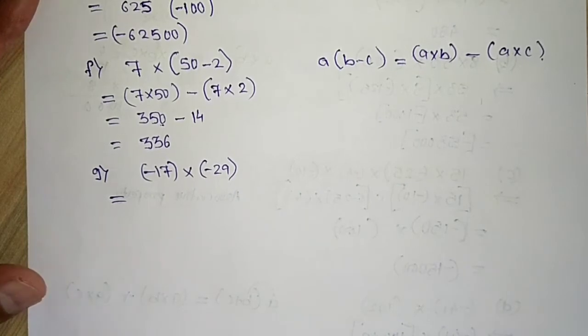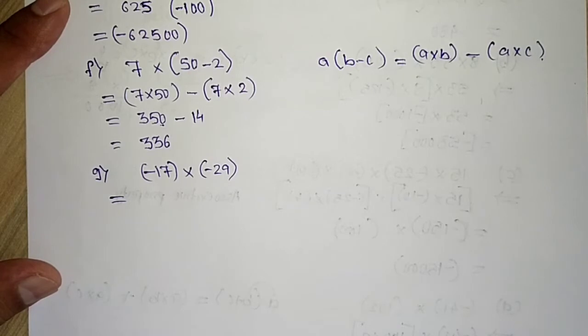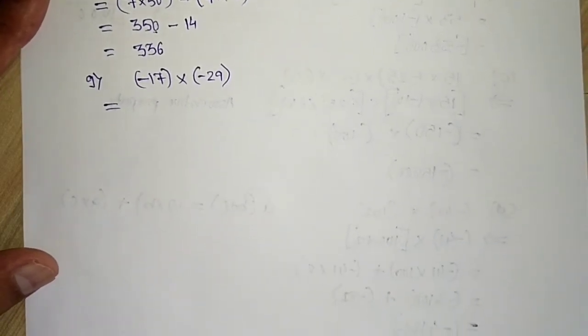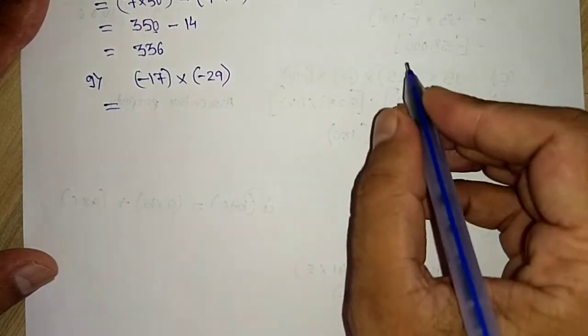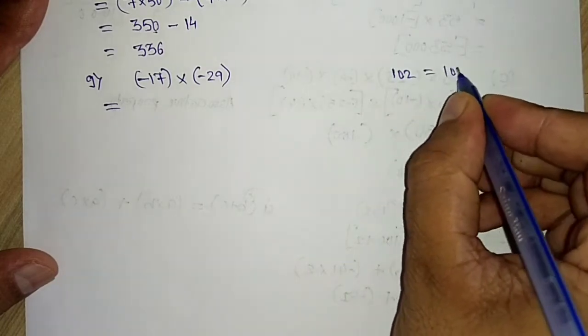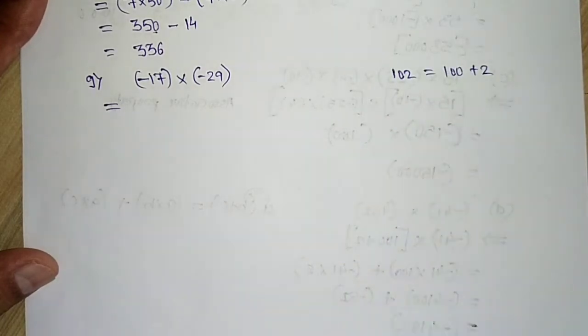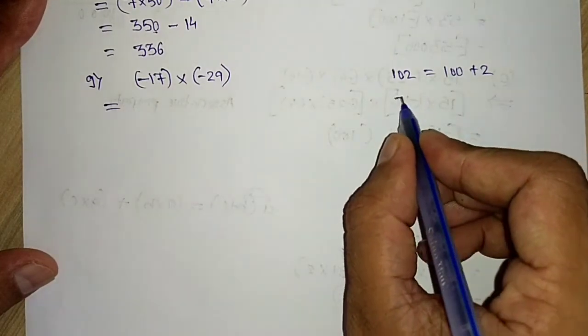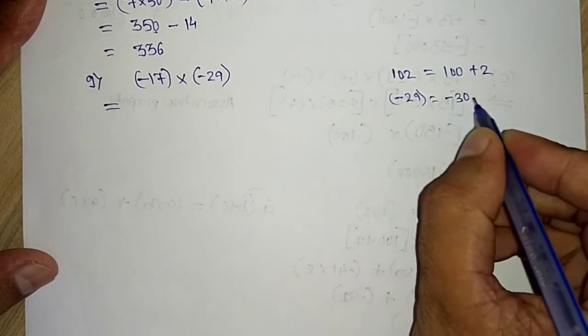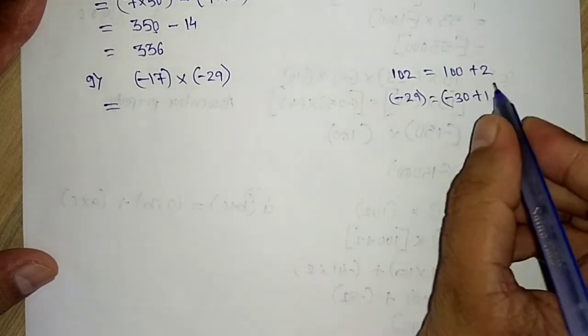Here we have to multiply minus 17 into minus 29, but the question says you have to use suitable properties. Students, last time in one sum we wrote 102 as 100 plus 2. You know it very well. So this time, minus 29 we can write as minus 30 plus 1.